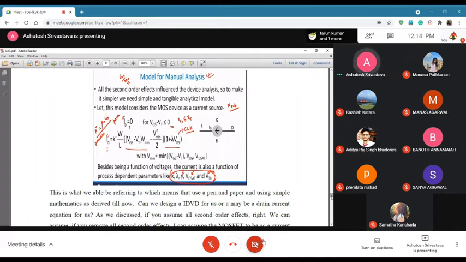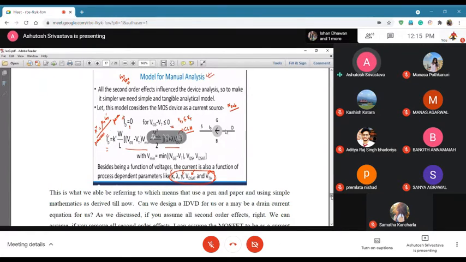So this model considers the MOS device as a current source. Please note down the various equations. So this you will see in the tools like Cadence or Synopsys, which are used mostly in the industry.